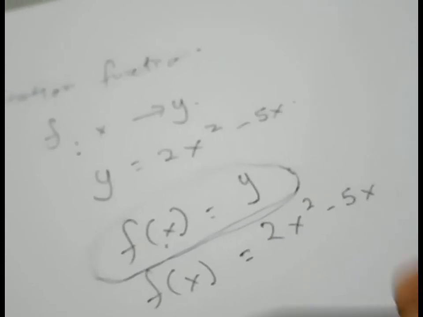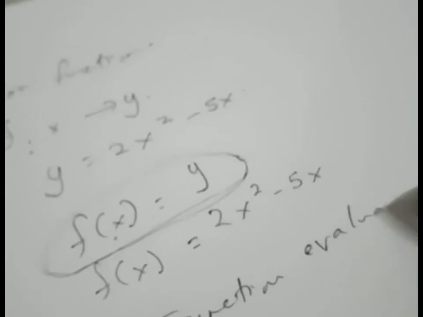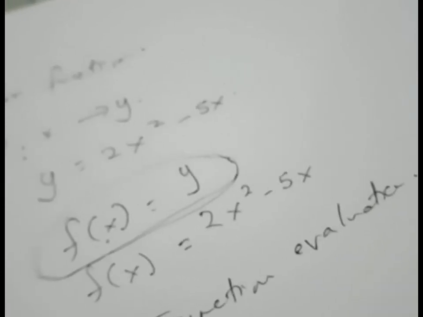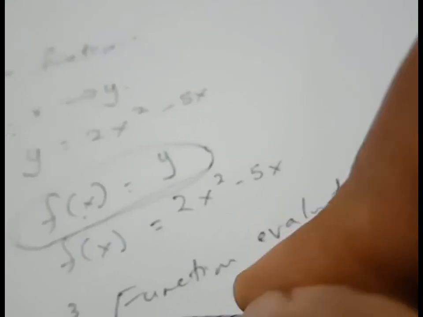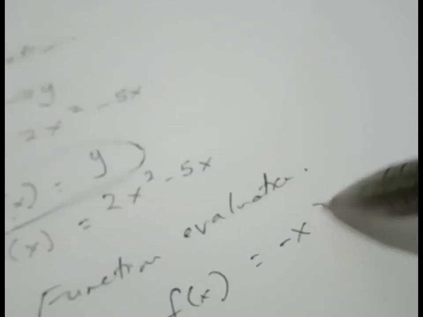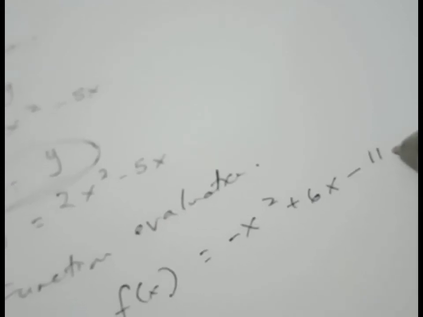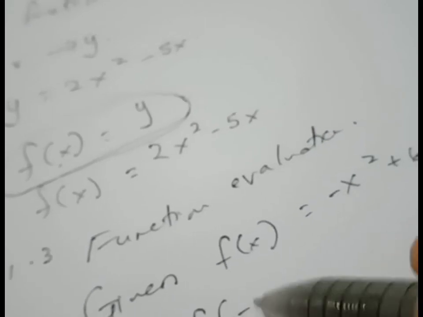Okay, next, 4.1.3 function evaluation. Function evaluation is where we need to find the value of y when x is given a certain value. Example: given f of x equals minus x squared plus 6x minus 11, now find f of minus 10.